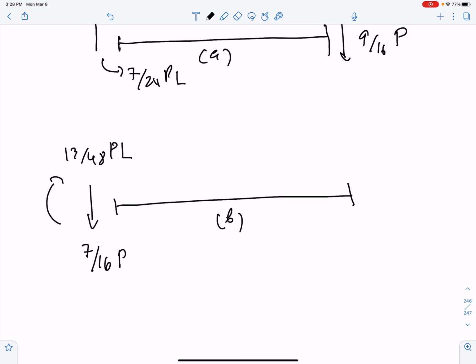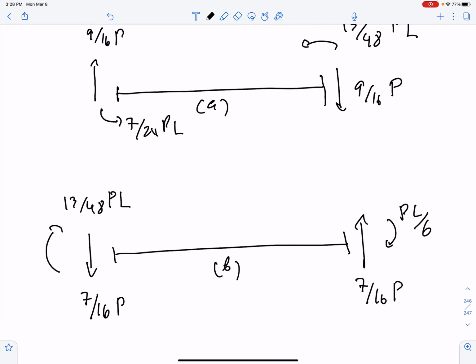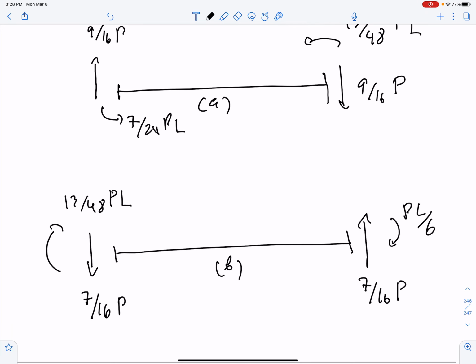Equal and opposite force here, 7/16 P. And then another clockwise moment of PL/6 acting in this direction here.